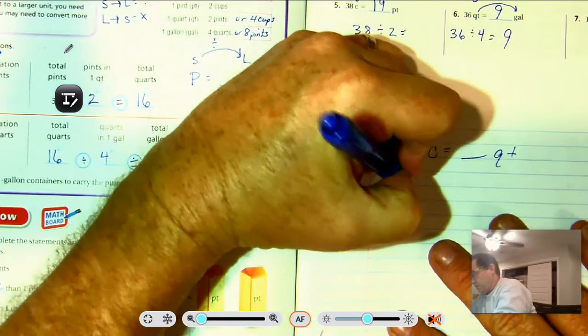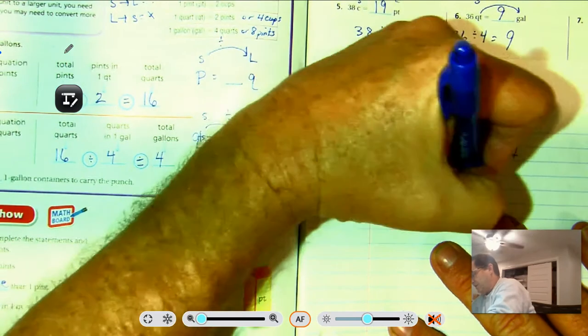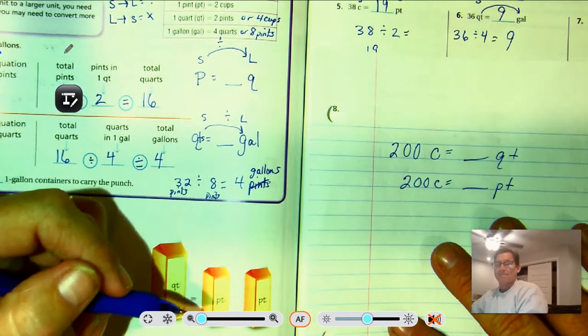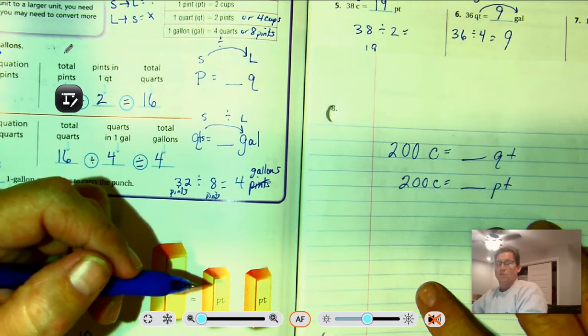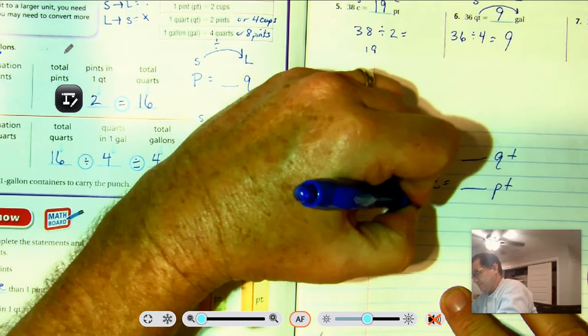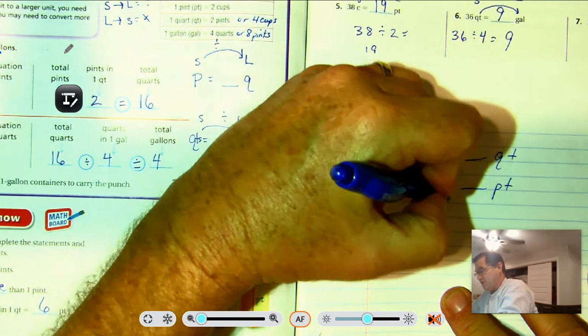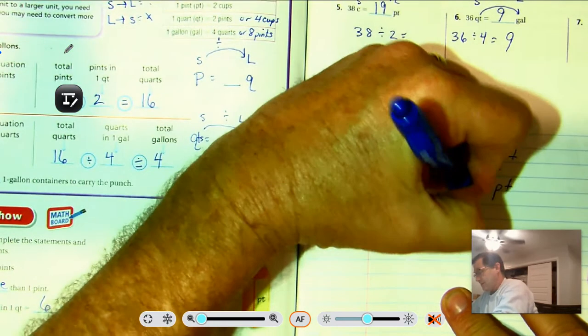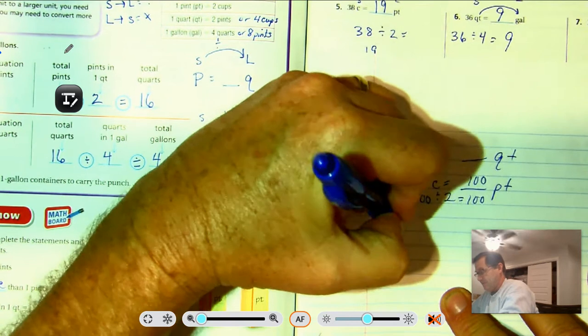Okay, and so I'm going to start by changing it to pints. And then I'll go from pints to quarts. So 200 cups divide by 2 cups per pint, we'd have 100 pints.